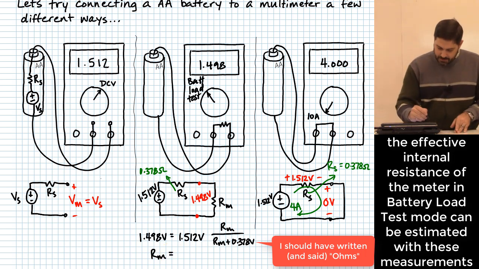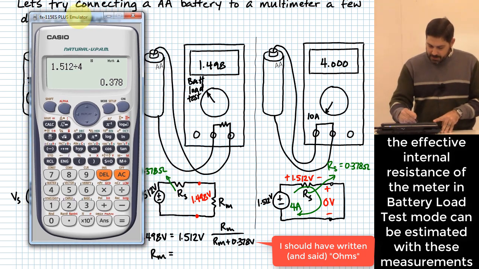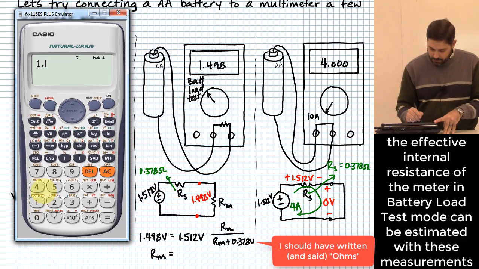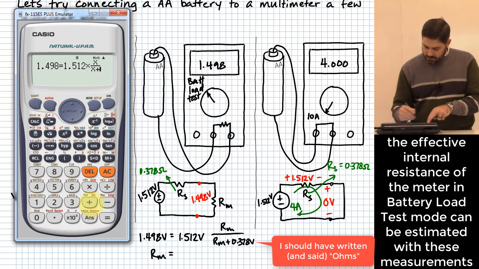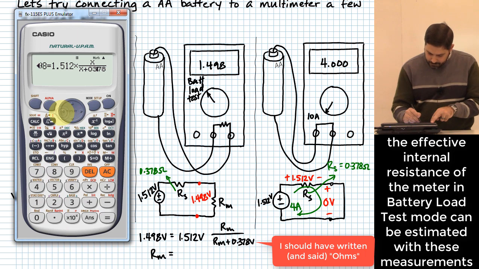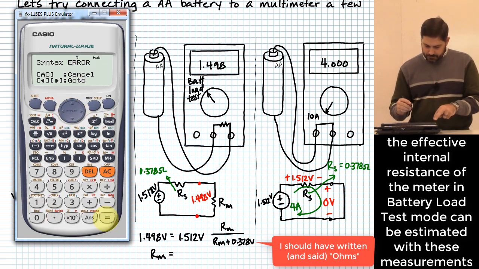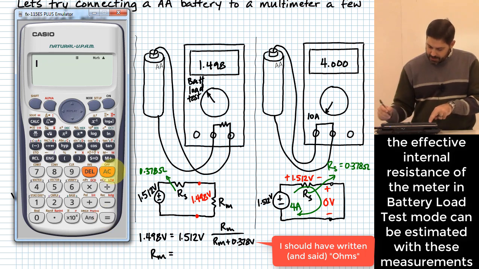Well, you can do this a number of different ways. Here's probably the easiest way I can think of: I can say 1.498 is equal to 1.512 times X over X plus 0.378. I entered that improperly, so I'll do it one more time.